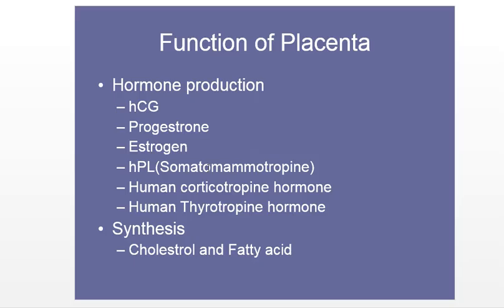It is a growth hormone-like substance that gives the fetus priority on maternal blood glucose and makes the mother somewhat diabetogenic. And also the placenta secretes small amounts of corticotropin hormone and human thyrotropin hormone, and again the placenta synthesizes a small amount of cholesterol and fatty acids.